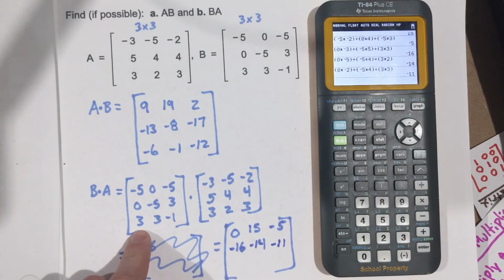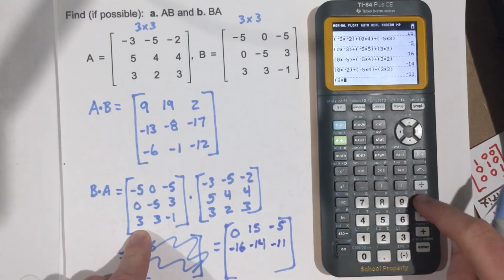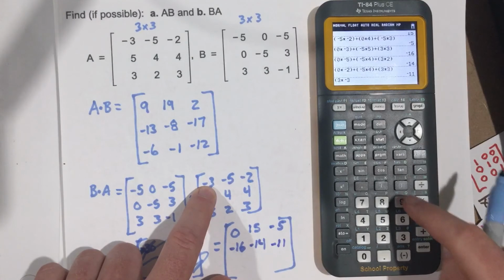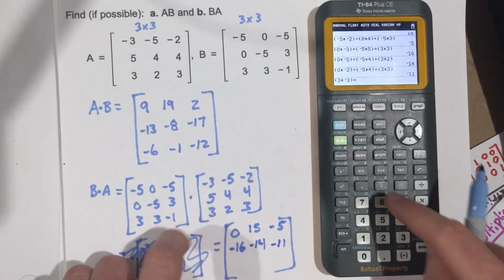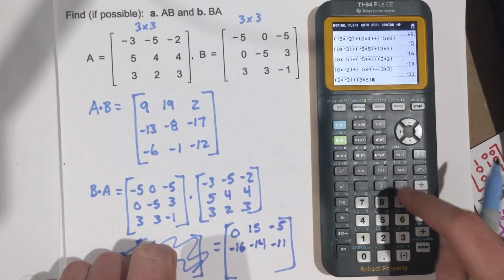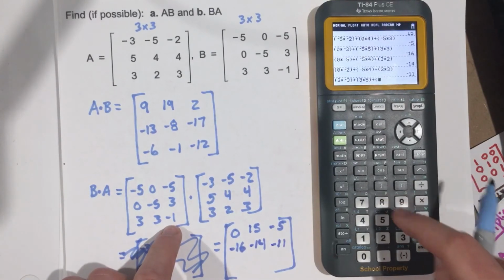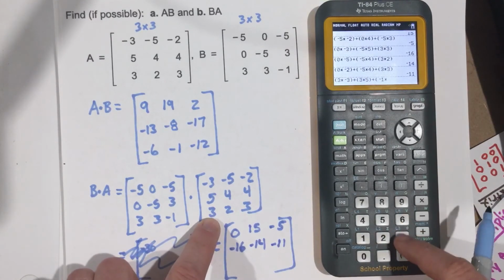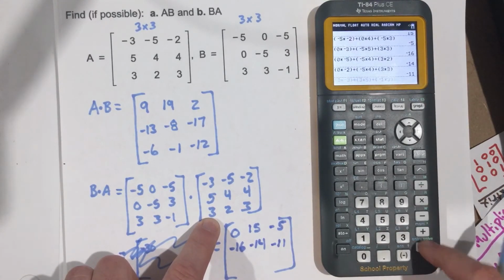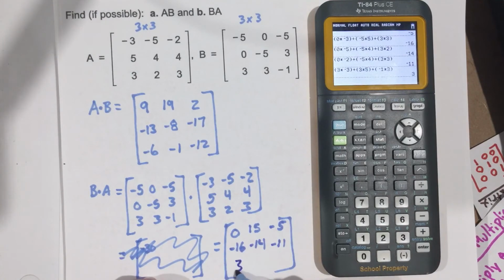And then finally we're on row 3, so we get 3 times negative 3 plus 3 times 5 plus negative 1 times 3. That's 3.